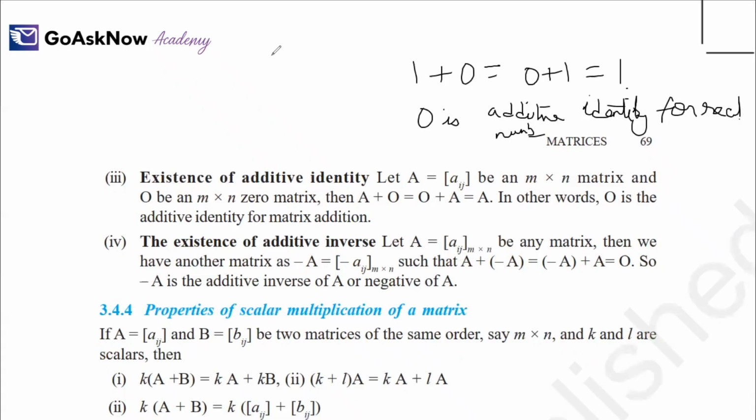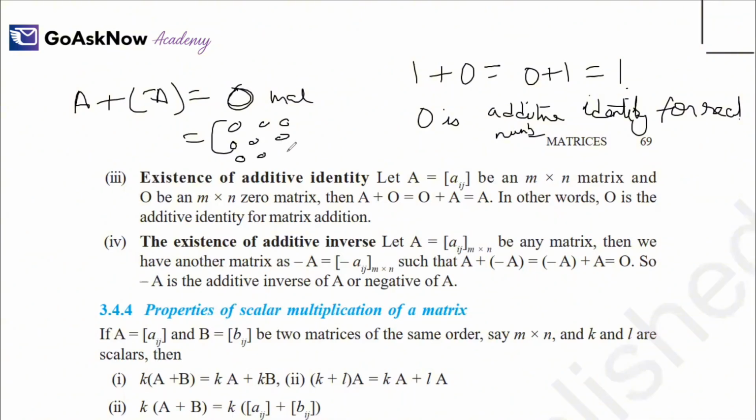This also is obvious: if you have matrix A here and you add minus A to it, then you will get 0 only, the O matrix. The O matrix is what? 0, 0, 0 and 0, 0, 0 for a 3 cross 3 matrix, 0, 0, 0.